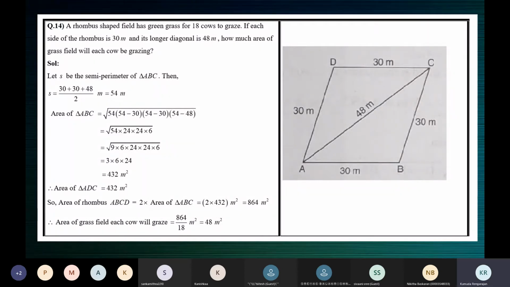Because if you know the length of BD, what is the formula you can use to find the area of the rhombus straight away? We know two formulae to find the area of a rhombus. What are they?